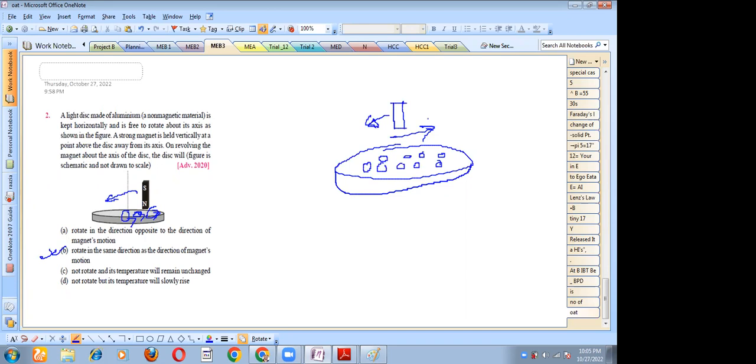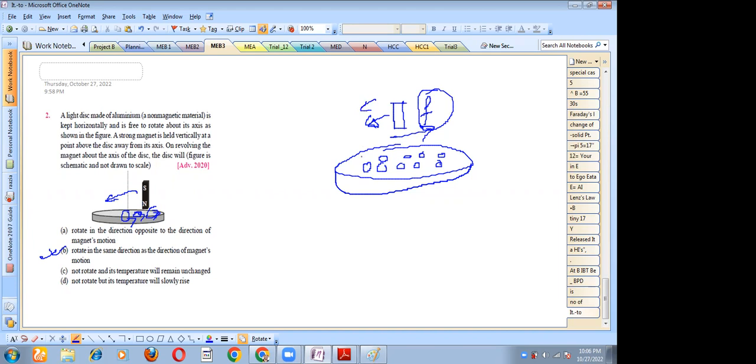If you understand in terms of friction, they will produce a frictional force or damping force on the magnet in the opposite direction of motion. Getting my point? Is that true till now? Yes, sir. So suppose its motion is anti-clockwise, the frictional force will be in the forward direction.